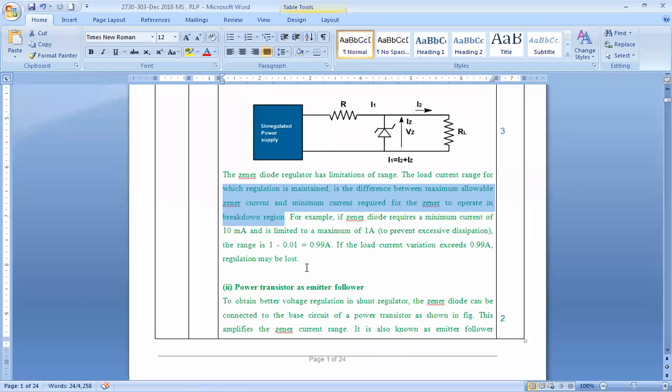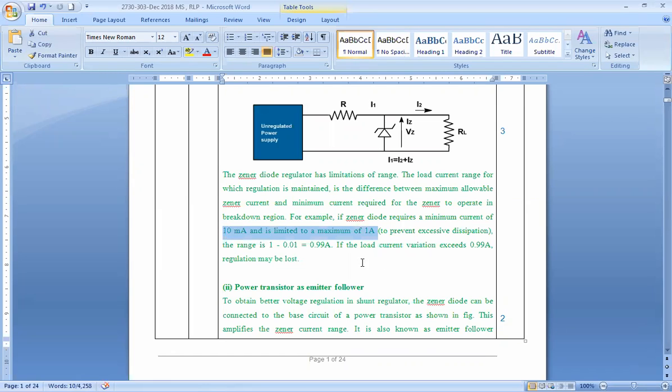Now let's take a small example here. If a Zener diode requires a minimum current of about 10 milliamps, and is limited to a maximum of 1 amp, so we have a range of 10 milliamps to 1 amp.